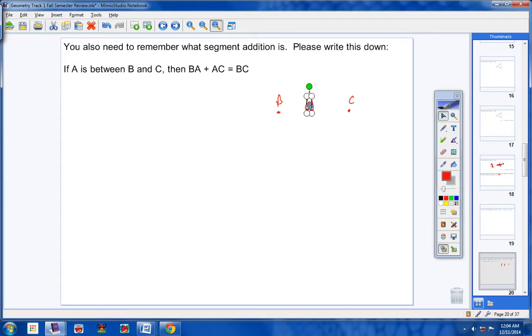It could mean this. A could be right there, okay? BA, the segment from here to here, plus the segment from here to here, equals the entire segment BC. So BA plus AC equals BC. That's called segment addition.